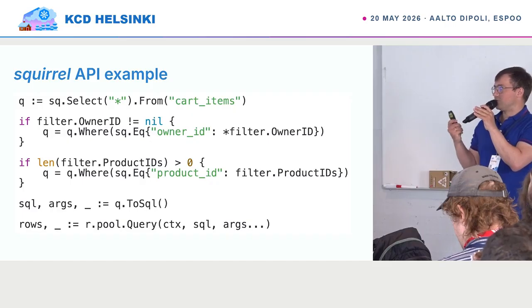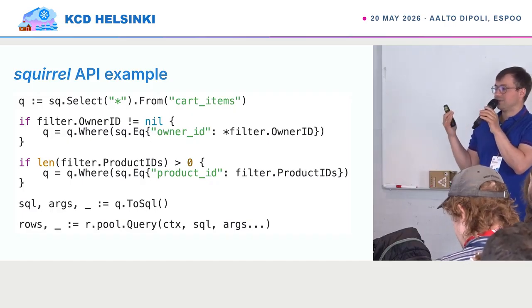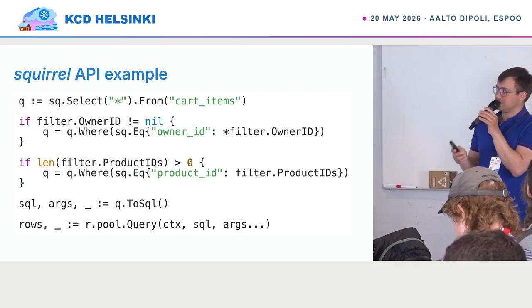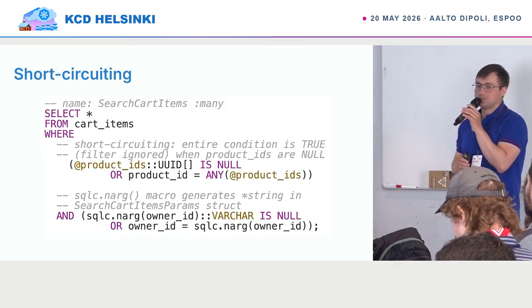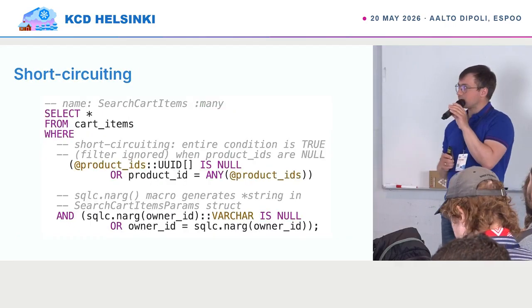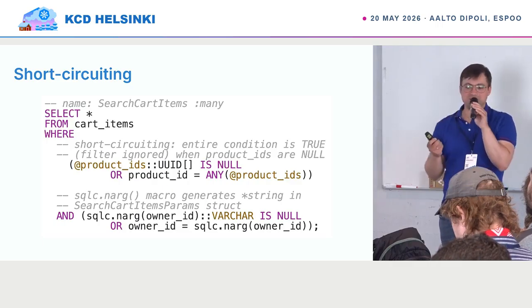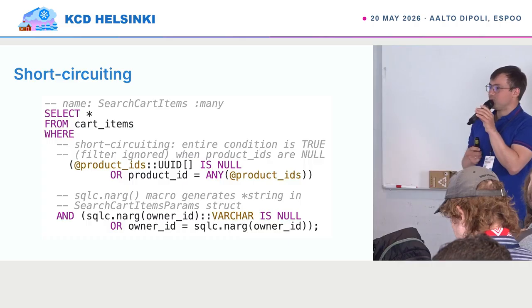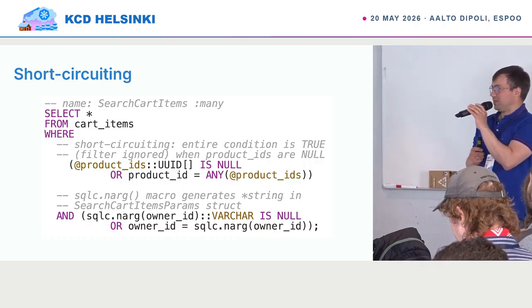But what we lose here are all the benefits which sqlc as a tool provides us. There is still an option to keep sqlc, but then our query becomes a little bit ugly, I would say. This is an example of how that can be achieved.